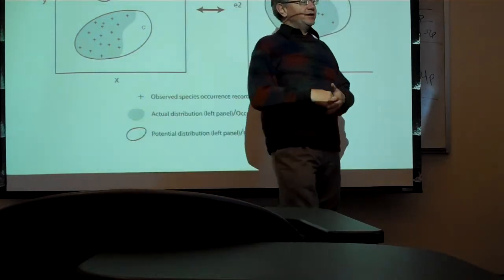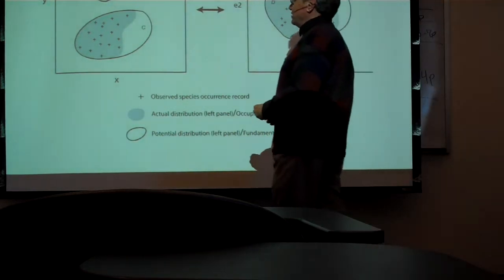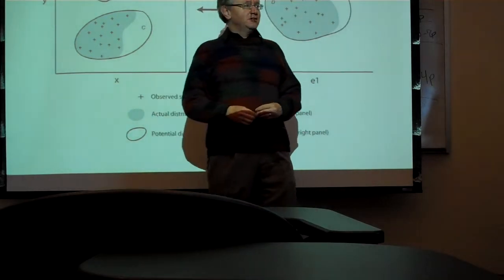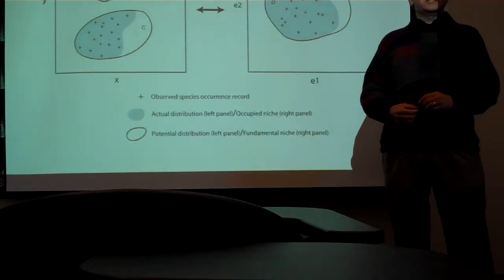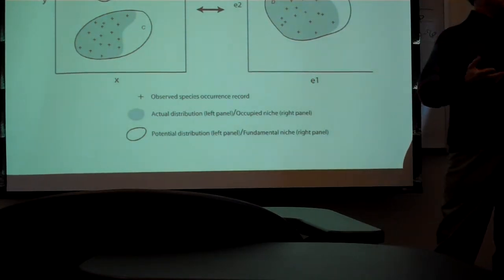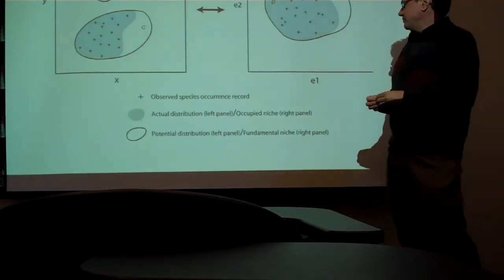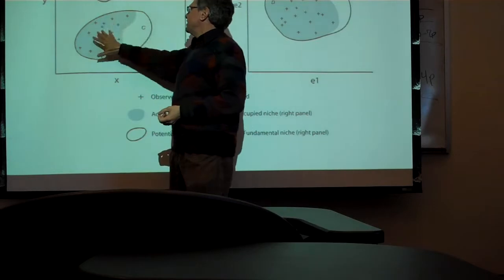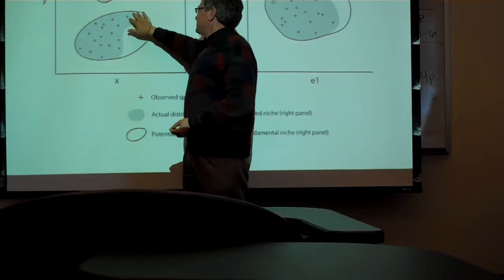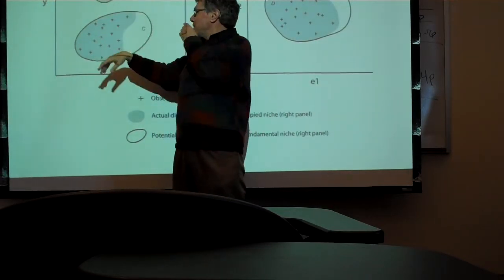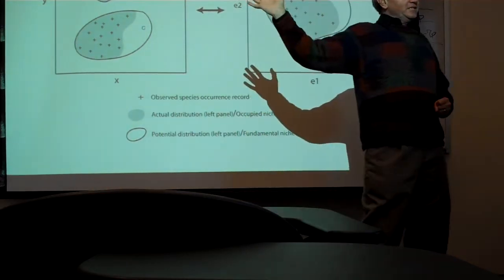If we haven't searched everywhere, we could ask where else would be a good place to look for this species, or where would be good places to set aside reserves where the species might live. This gray area represents where the species actually lives, so there's this area A that we haven't explored, but it's out there.